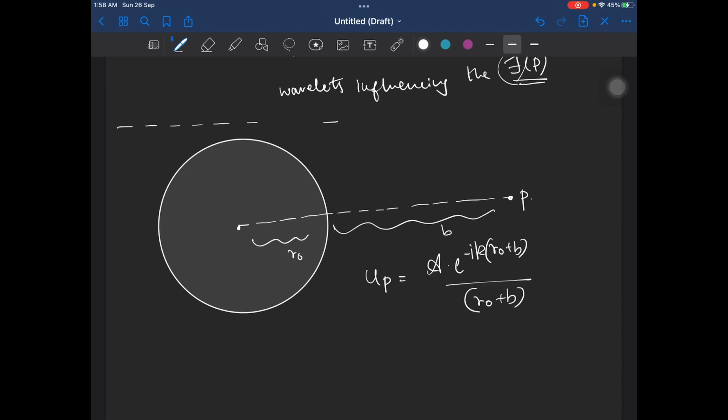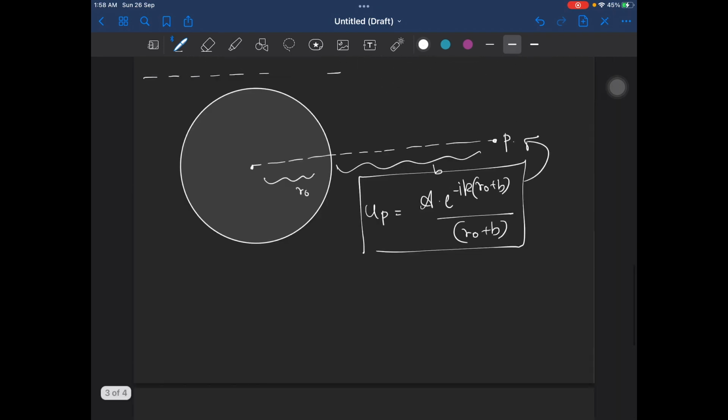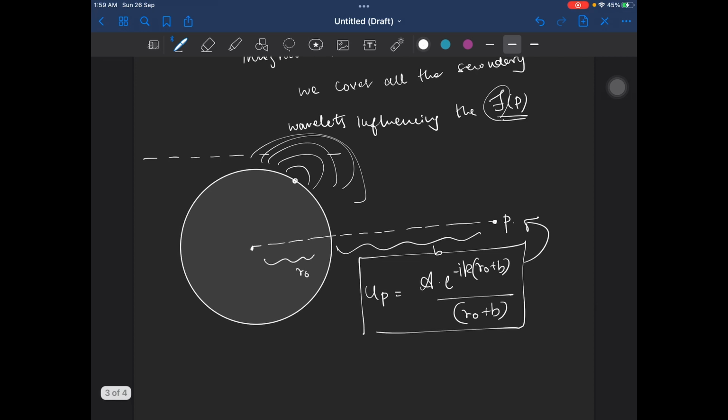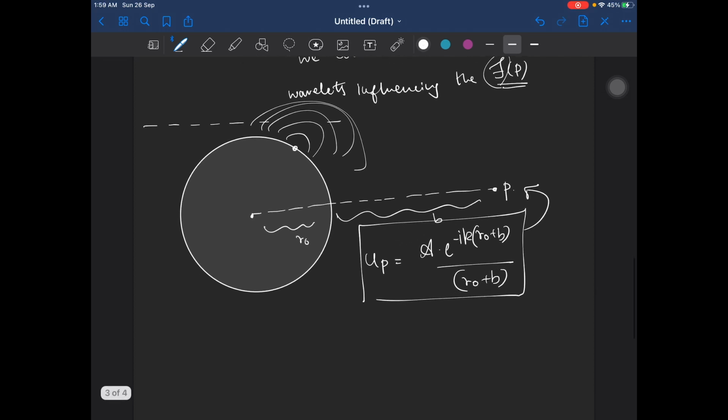This is the field at P. It is as simple as that. Now we would like to see how the secondary wavefront hypothesis validates and holds and is consistent with this.